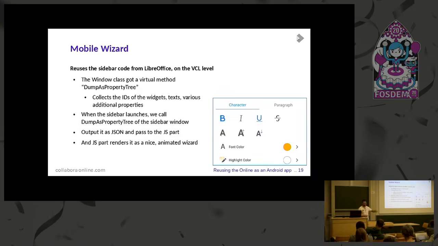What you see in the picture is the sidebar that you would see normally in LibreOffice, but rendered in JavaScript. So it works nicely. You have all the things like smooth scrolling and interactions.